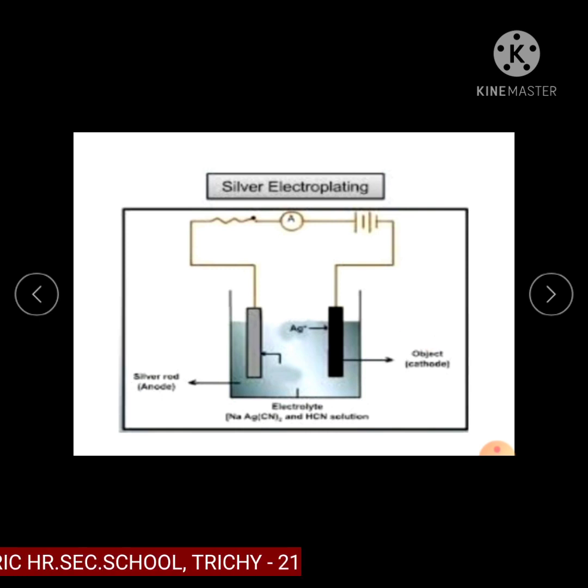Here, the object acts as cathode and the silver rod acts as anode. Silver salt solution and hydrogen cyanide solution act as electrolyte.